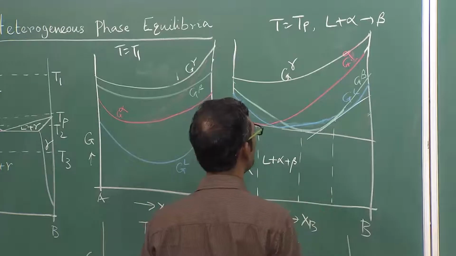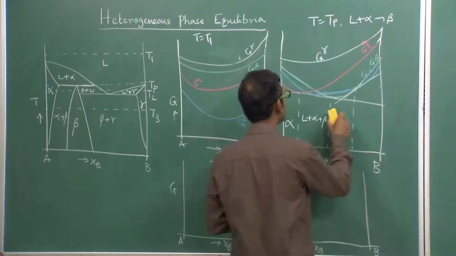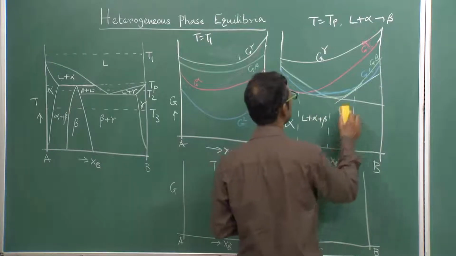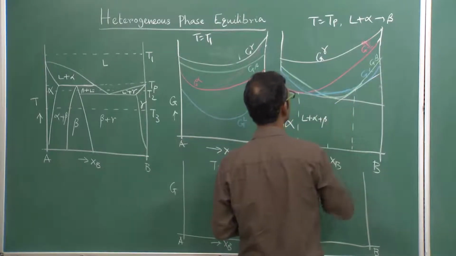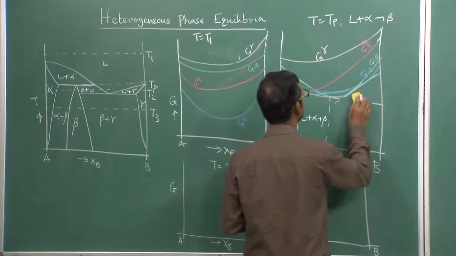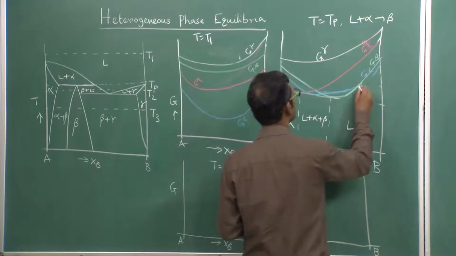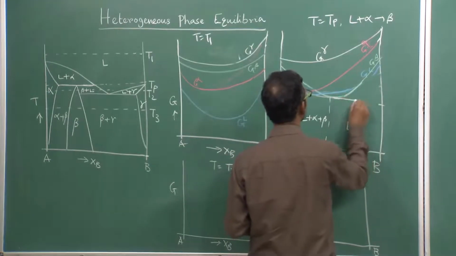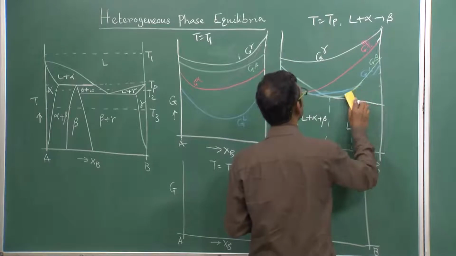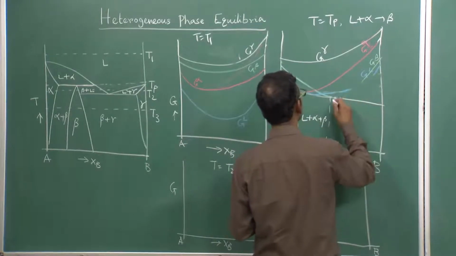It's not beta, this is liquid that is stable, so beta cannot be stable. So let us remove that. It is not that, so it will be liquid. So you remove this tangent, the next will come. So this will be liquid, so this tangent is fine. That's why I was telling that there's some mistake happening.